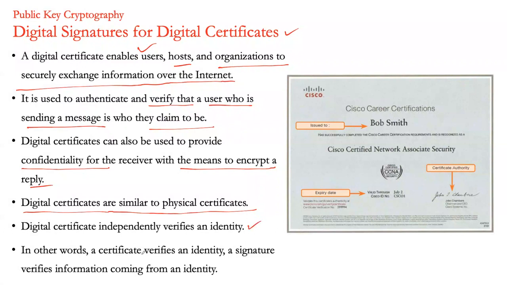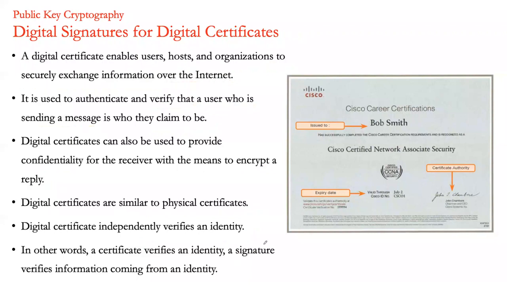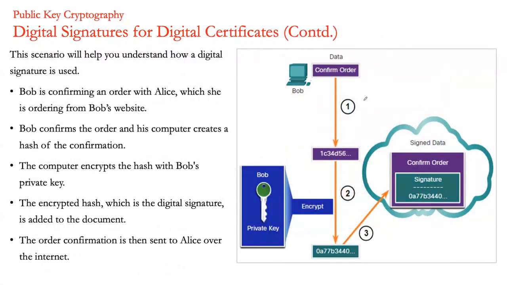In other words, the certificate verification is an identity and a signature verifies the information coming from the identity. So in a digital certificate, there will be a central authority. We will discuss how it works one by one.